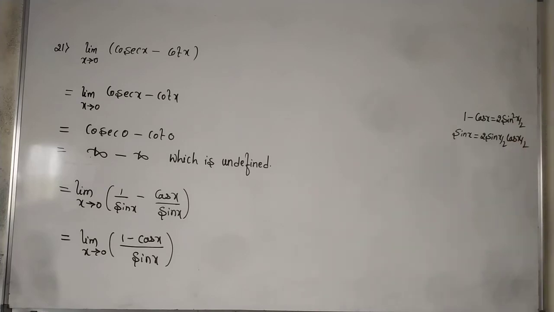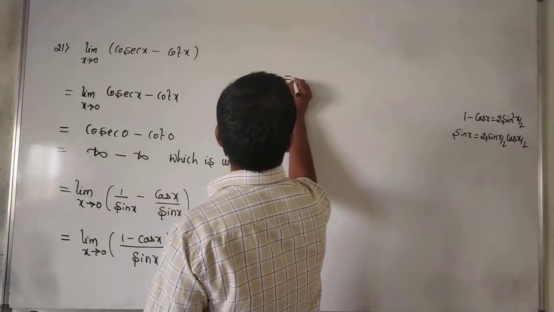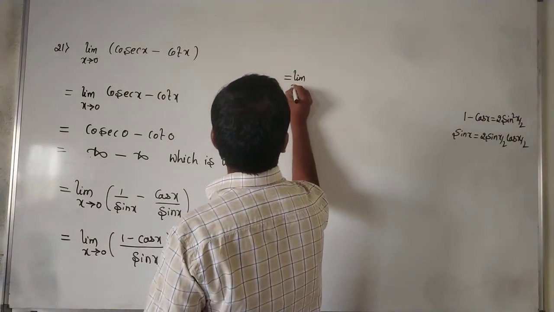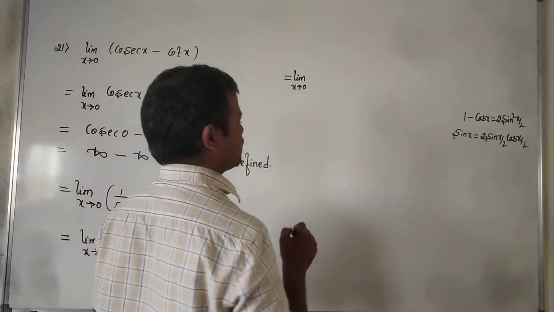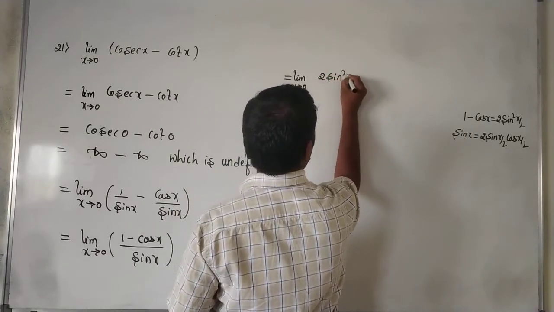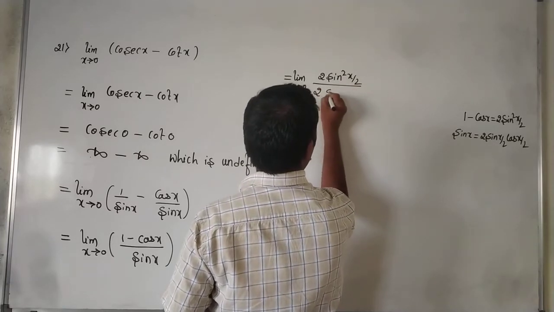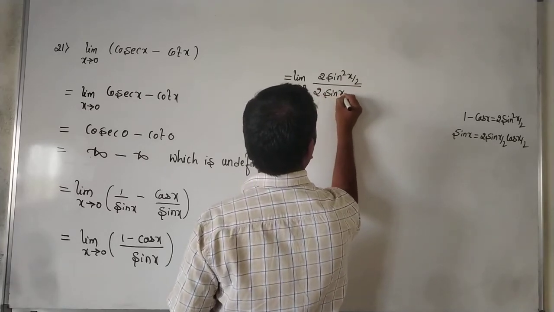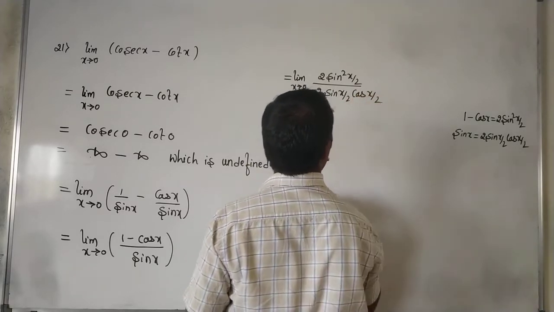So use these two formulas. So the limit as x tends to 0 of 1 minus cos x means 2 sin square x by 2, whole divided by 2 sin x by 2 into cos x by 2.